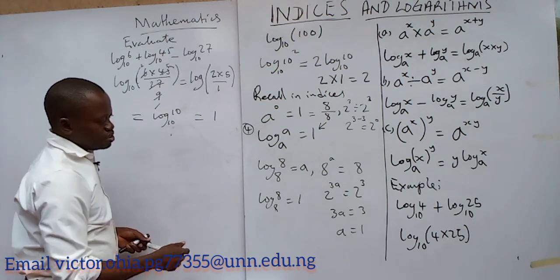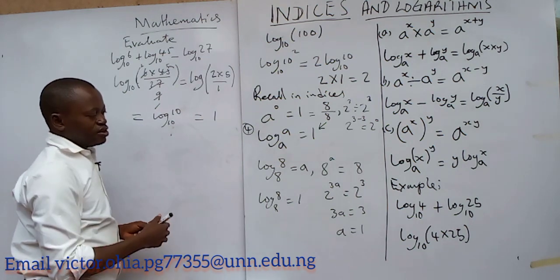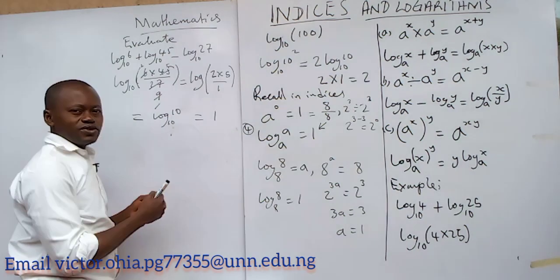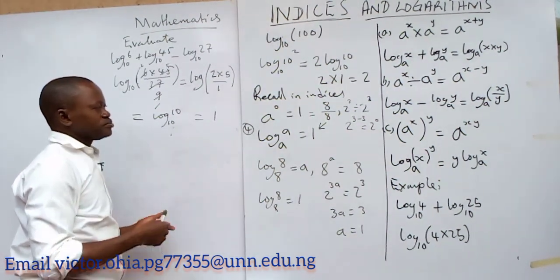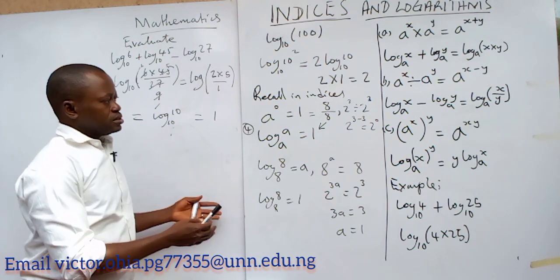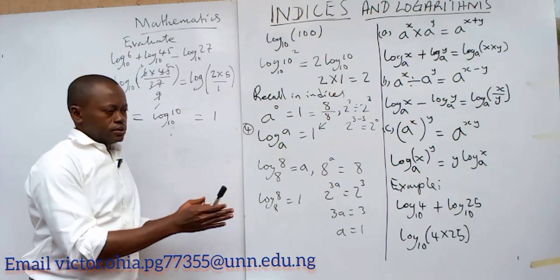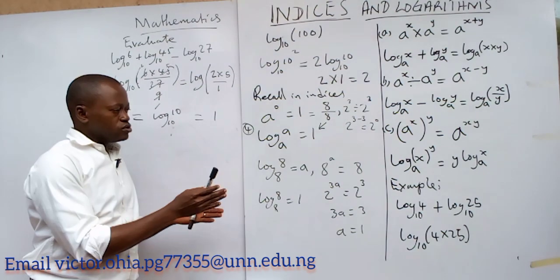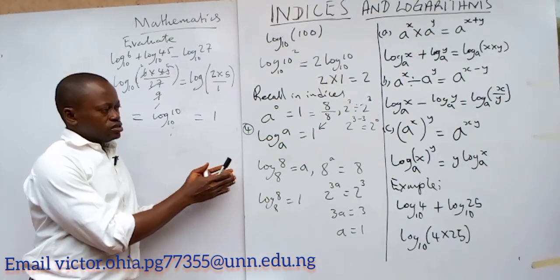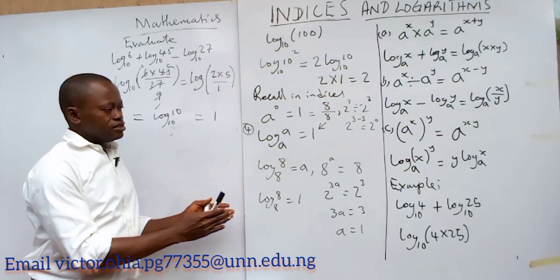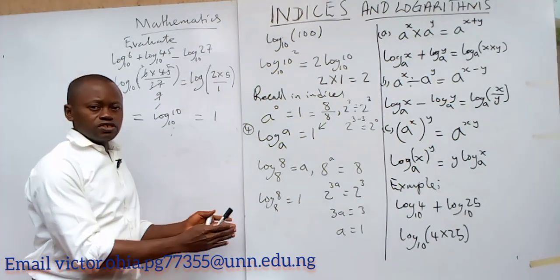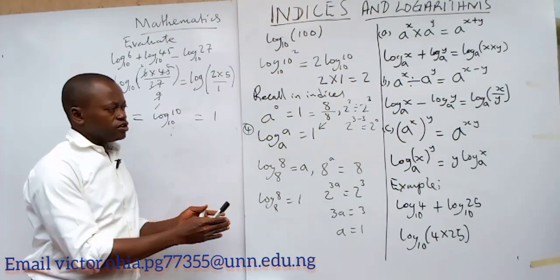We have shown it already that the logarithm of a number to its own base is 1. So this is our connection between the laws of indices and the laws we use in the theory of logarithm.